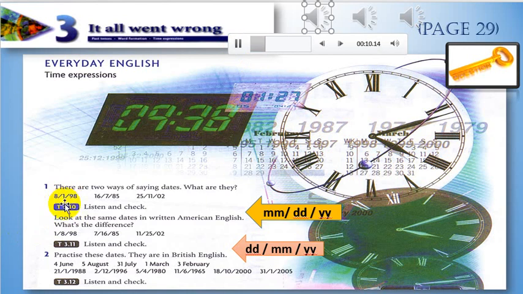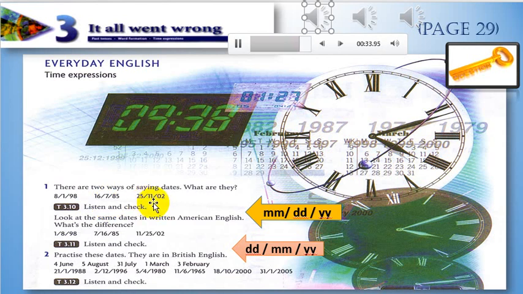January the 8th, 1998. Two ways. Listen. The 16th of July, 1985. July the 16th, 1985. The 25th of November, 2002.